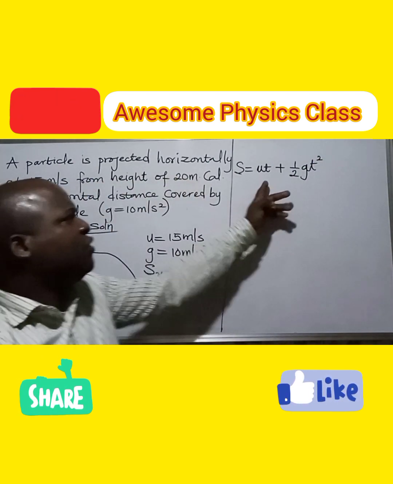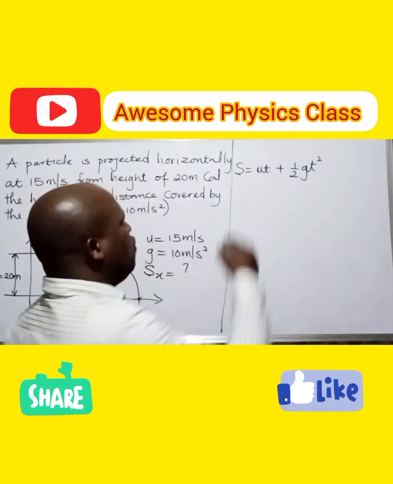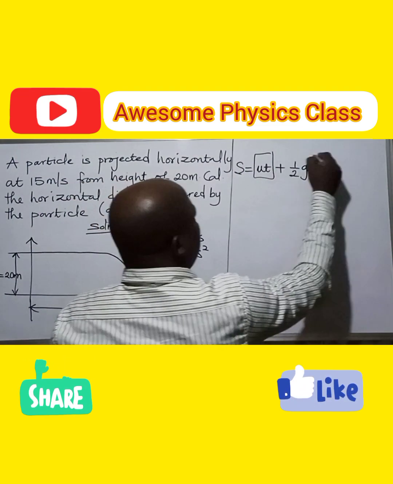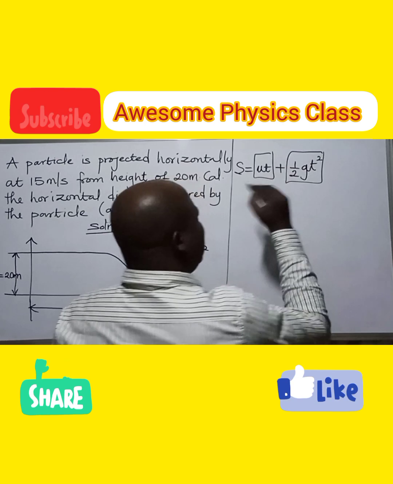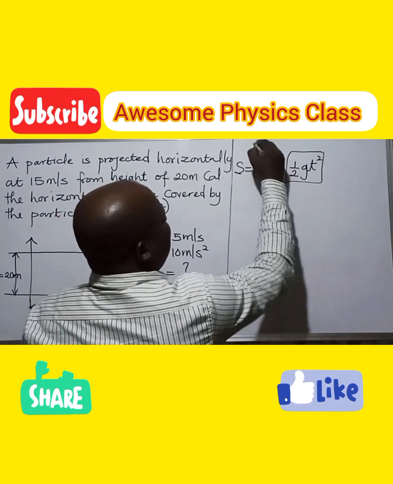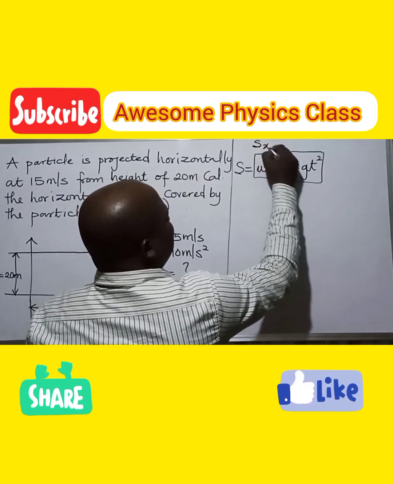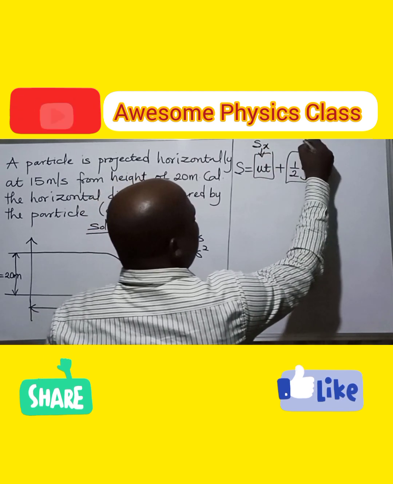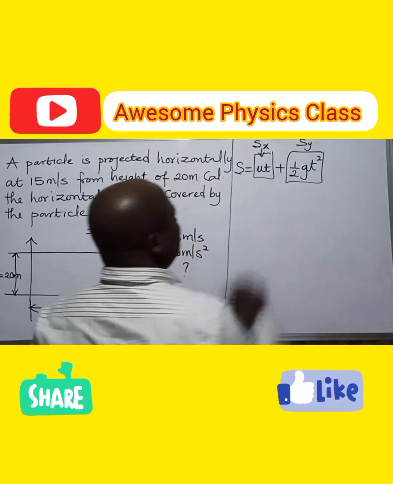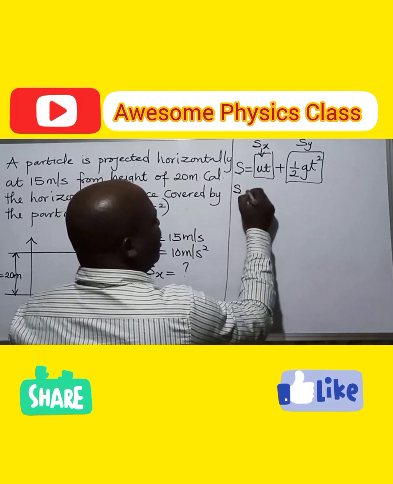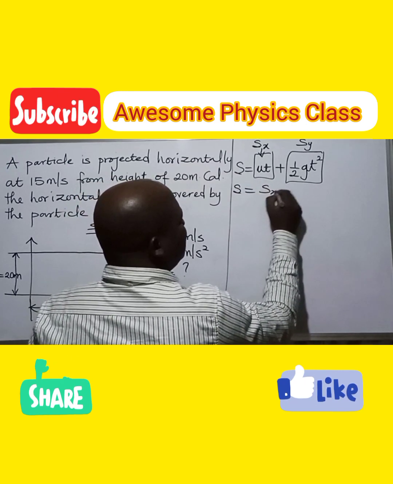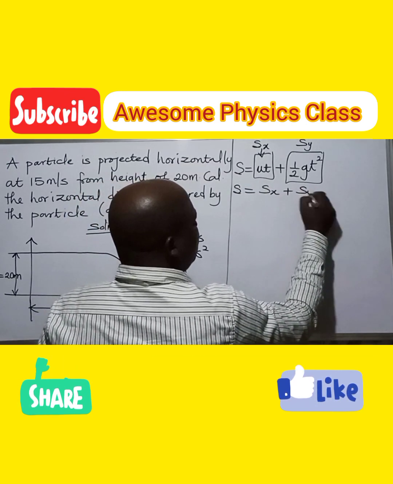We can divide this formula into two. We have this and we have this. That is, our x is equal to this, while our xy is equal to this. That means our x will be equal to xx plus xy.